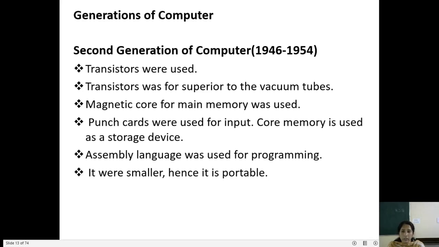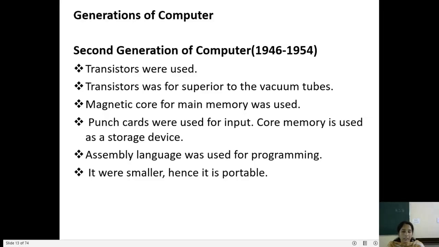You are all aware that the size of a transistor is very negligible compared to vacuum tubes. Obviously, it gives a plus point where the size of the computer was reduced. Instead of the punched code concept, they introduced magnetic core for main memory, and it got success. Punched cards are used only for input, and core memory is used as the storage device.